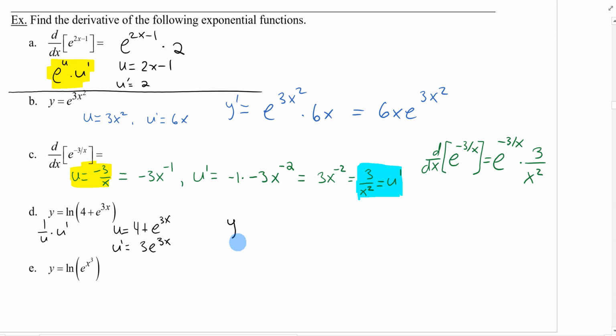So, according to the previous video, the derivative of ln u is 1 over u times u prime, and I already have my components right here. You could rewrite it.